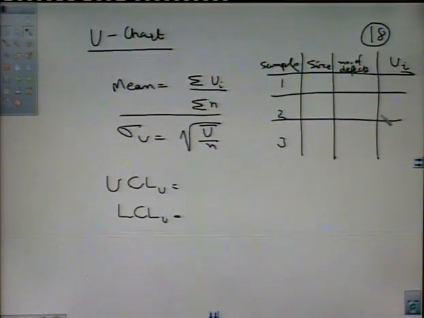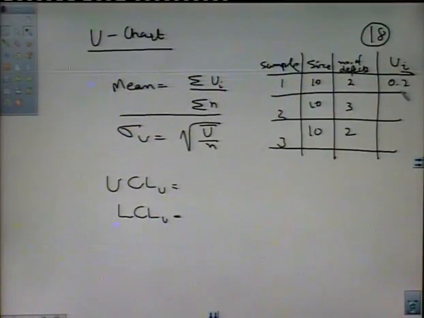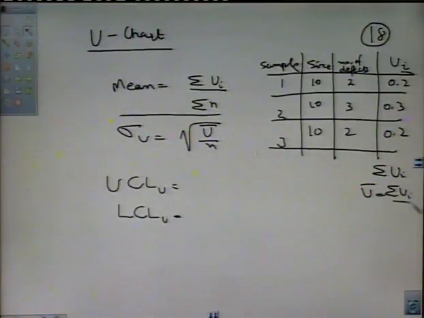Supposing the size is 10, which remains constant. Now the number of defects may be 2, may be 3, likewise. So here it will be 0.2, 0.3, 0.2. So U bar will be sigma Ui divided by capital N.